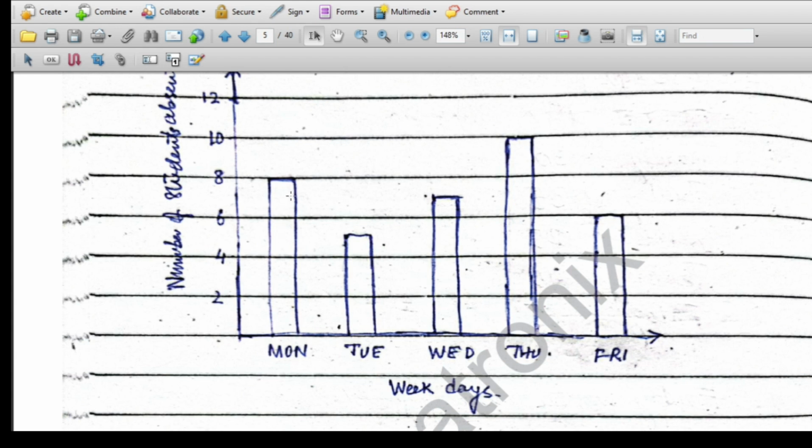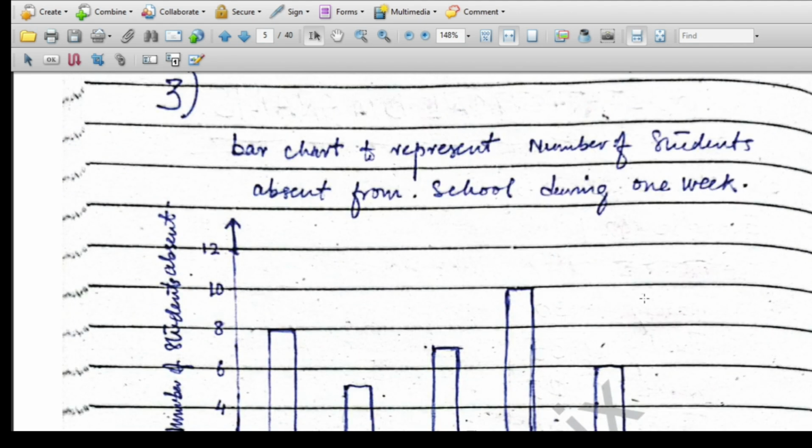So on Monday 8 students were absent, on Tuesday 5, on Wednesday 7, on Thursday 10, and on Friday 6. So this is the way this bar chart represents the data.